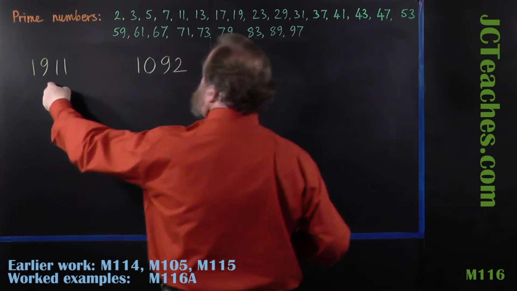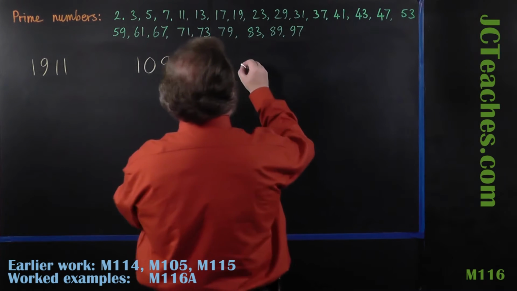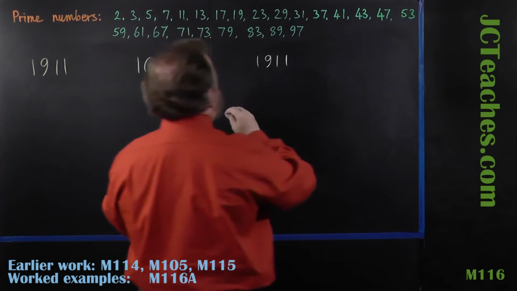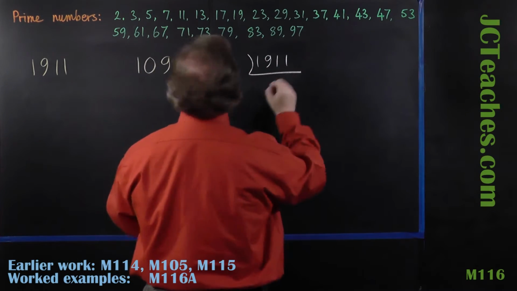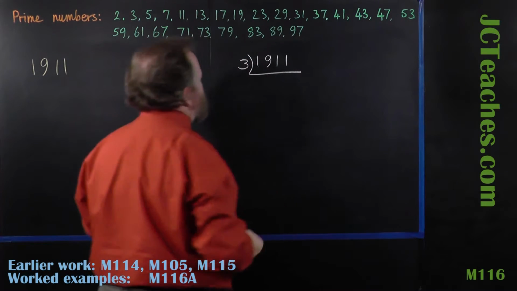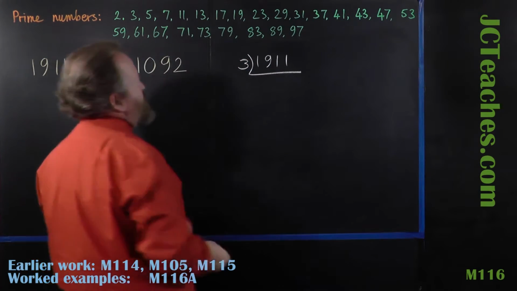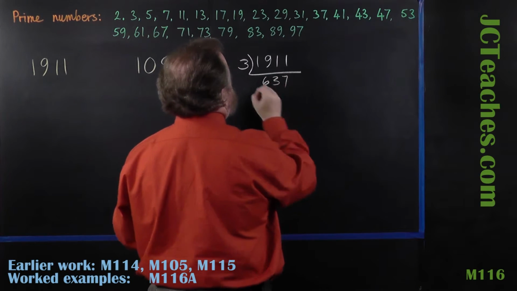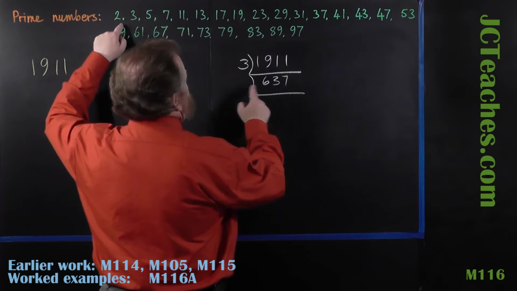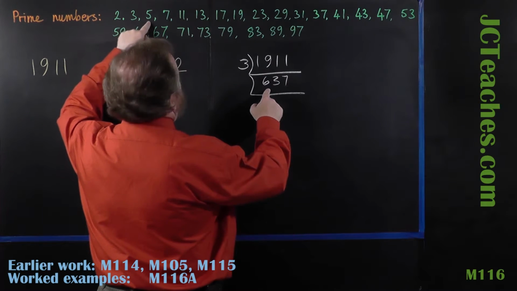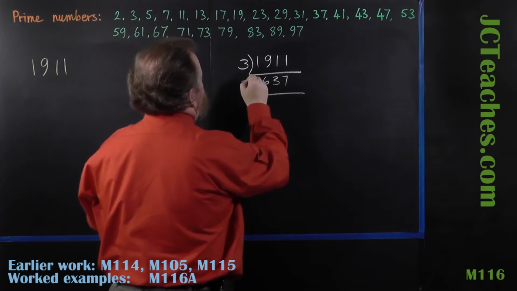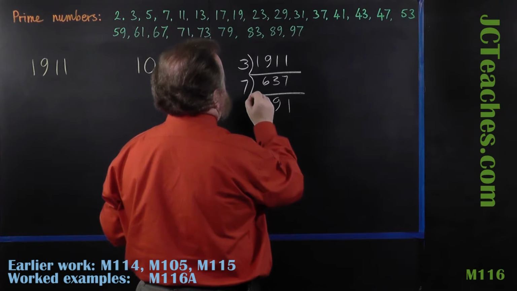Right, so let's first of all do the prime factors of 1,911. 2 doesn't go into it. 3 does. That is 3 637s, I think. 2 doesn't go into that. 3 doesn't go into that. 5 doesn't go into that. 7, 91 times. 7 goes into there 91 times.